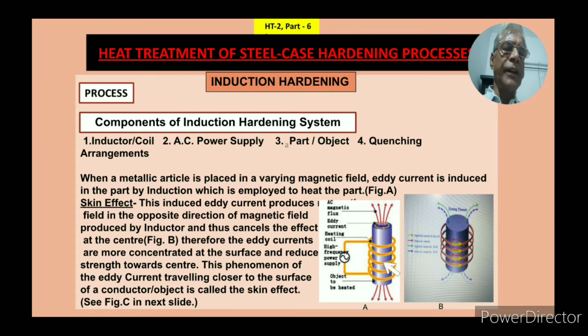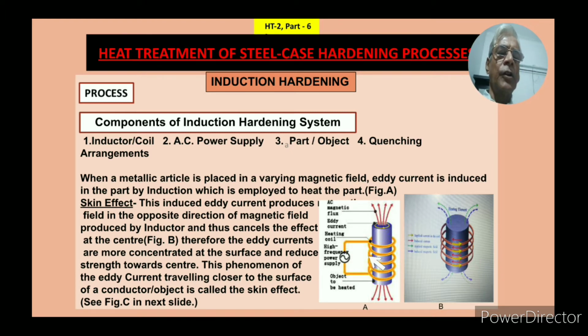Because of this varying magnetic field, and due to this induction process, the part gets heated up because of the eddy currents produced. You see this yellow line, this is the current direction from the power source, and these pink lines are the eddy current direction. And the magnetic field creation is shown over here.